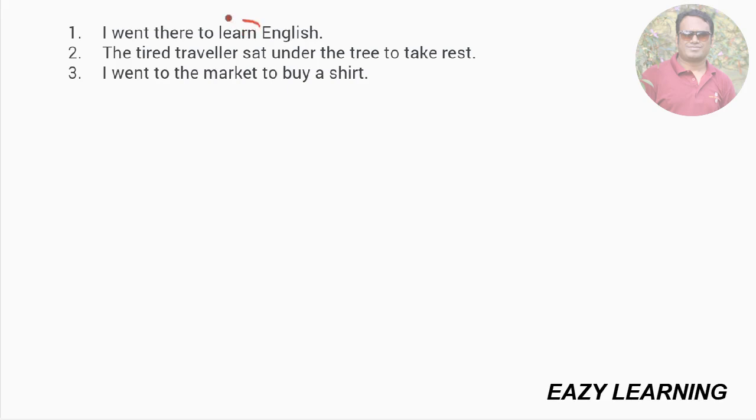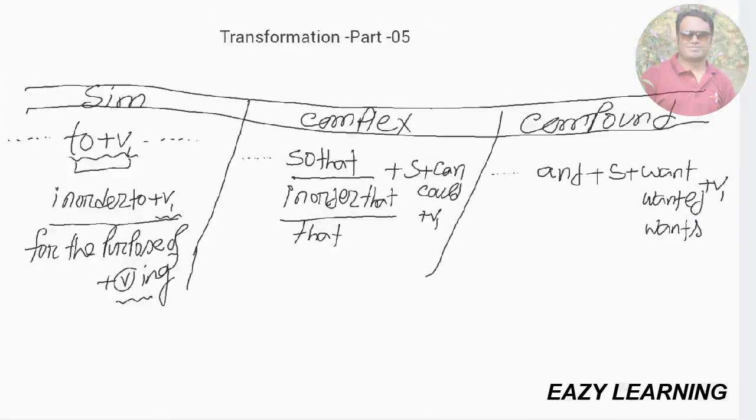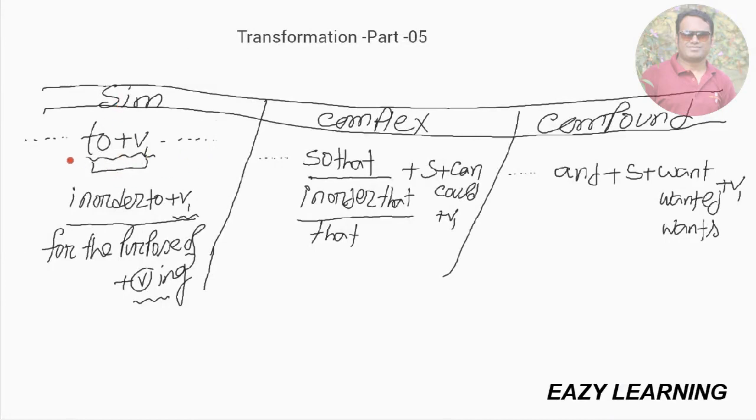This is your purpose. That means when you get this type of purpose, you will be able to realize that this is a simple sentence, because you have already got "to plus verb 1". So dear students, follow these structures. Or you can get here "in order to plus verb 1" or "for the purpose of verb-ing".